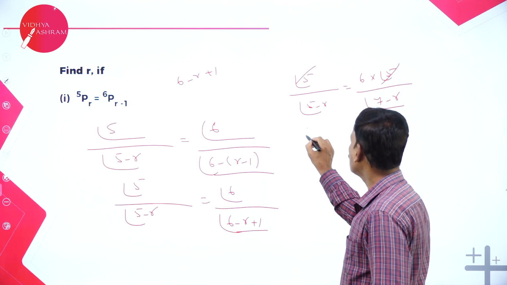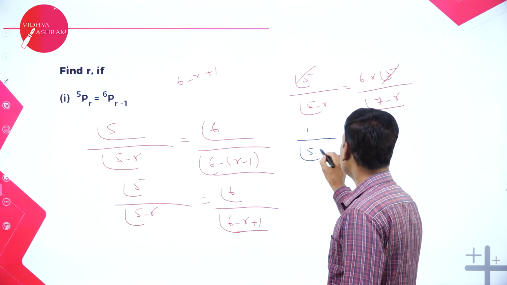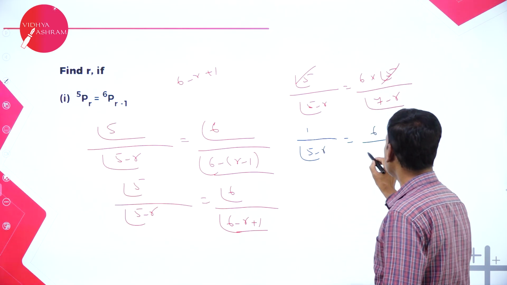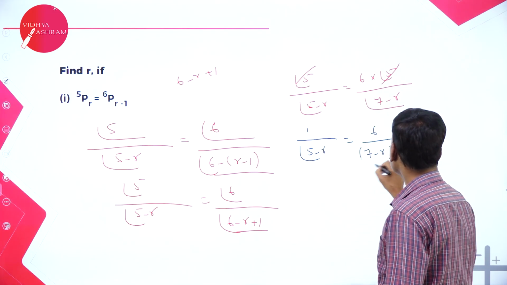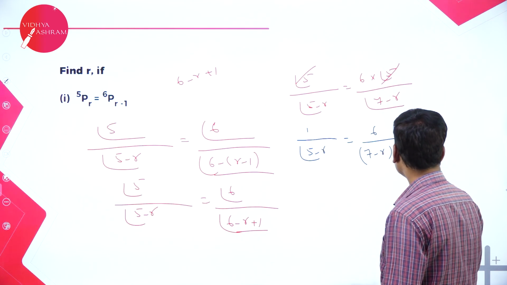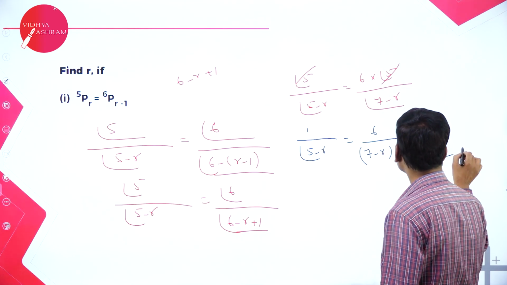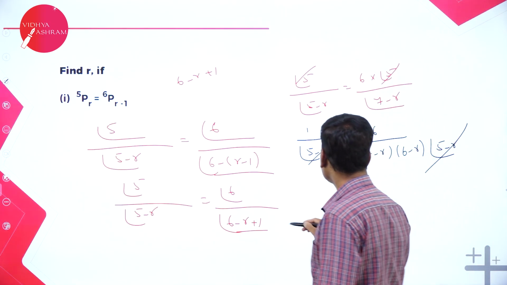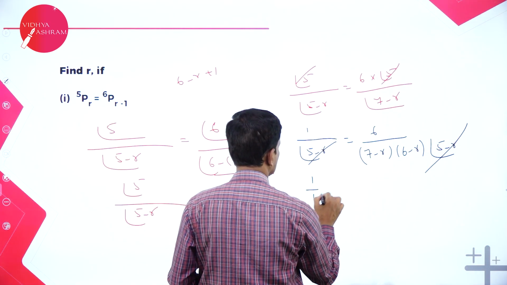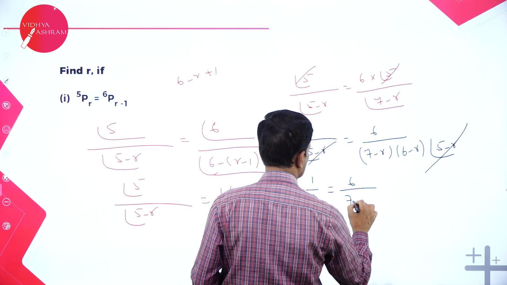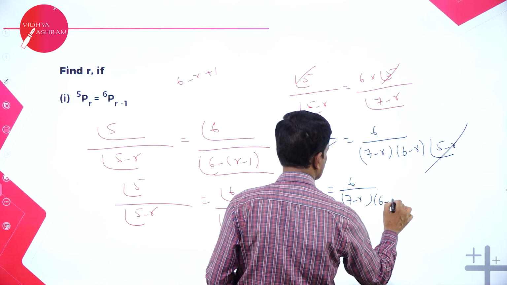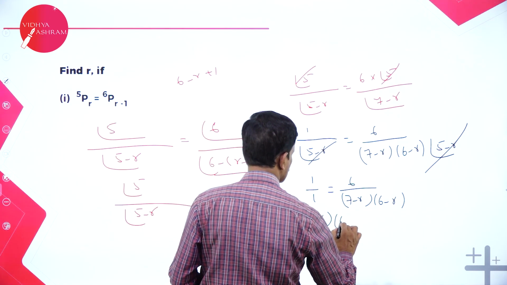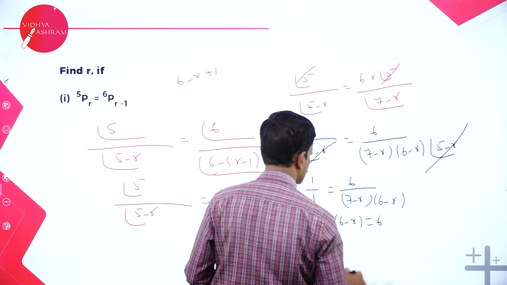This is 1 over (5 minus R) factorial equal to 6 divided by (7 minus R) factorial, which means (7 minus R) into (6 minus R) into (5 minus R) factorial. So these two also get cancelled. 1 by 1 is equal to 6 divided by (7 minus R) into (6 minus R). Cross multiplied, (7 minus R) into (6 minus R) is equal to 6.